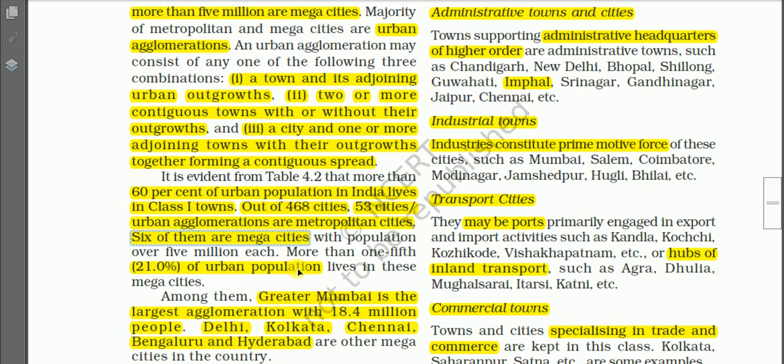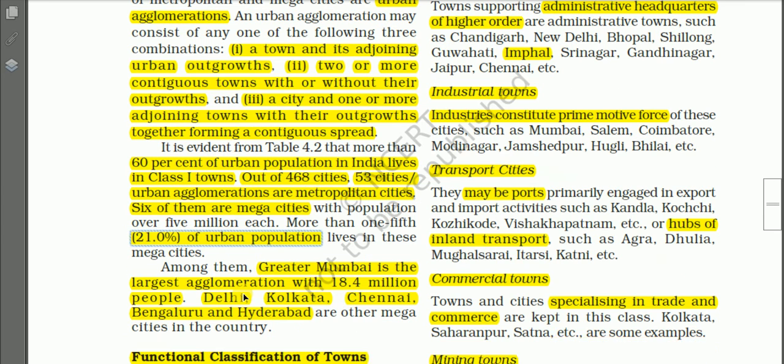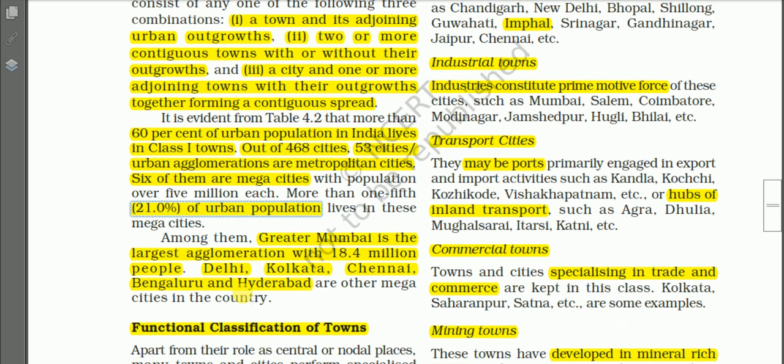And more than 1/5, that is 21%, of urban population lives in the mega cities. That is, mega cities contribute 21% of urban population in India. And among the urban agglomerations in India, Greater Mumbai is the largest with 18.4 million people.